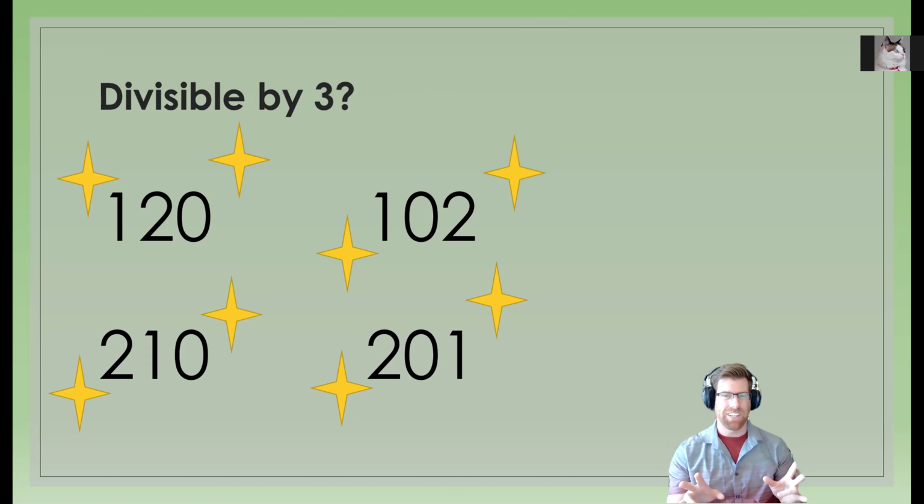Notice that all 4 of these numbers are the same 3 digits, just rearranged. So the divisible by 3 rule doesn't have anything to do with the places this time, not directly. We'll see that it does ultimately, but it's not about which one the last digit is. It's about what all of the digits are.